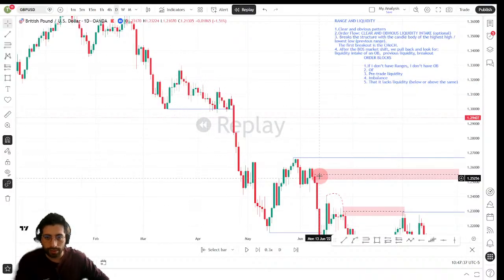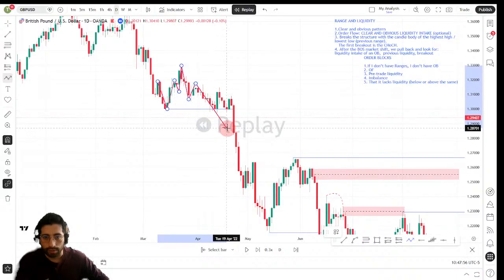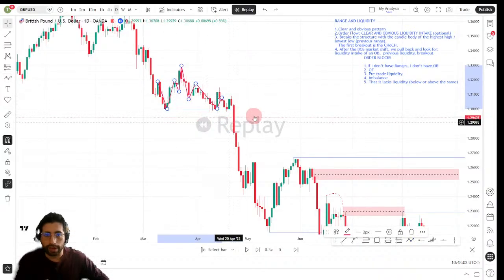But in number three, we do have a very evident pattern. This one: high, low, high, low, high, it takes the liquidity of the highs prior to this one, goes down, a reaction, and boom, breaks it with the body of the candle. So we have a very evident pattern. Good. And look at the next.